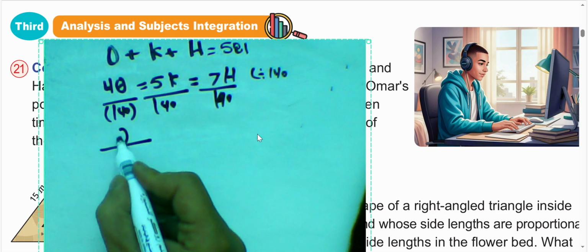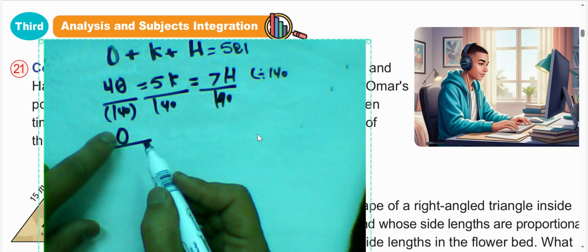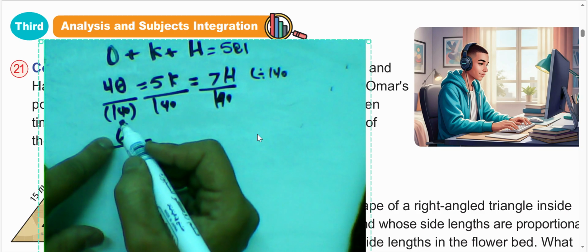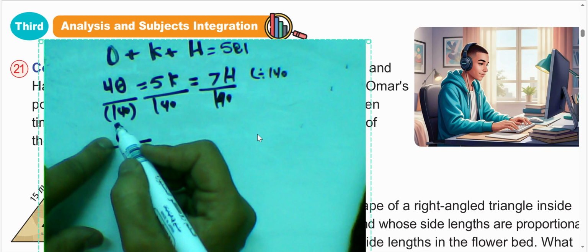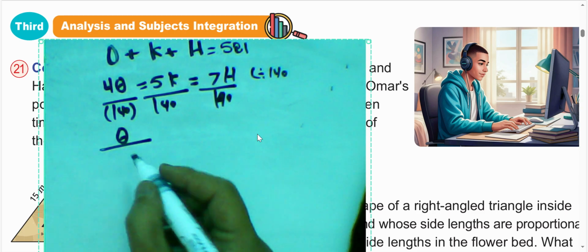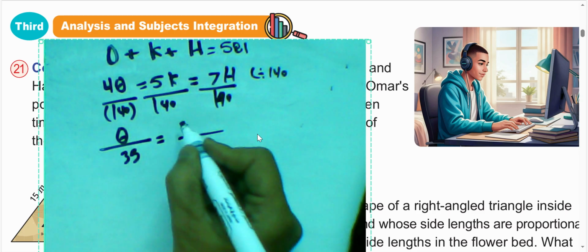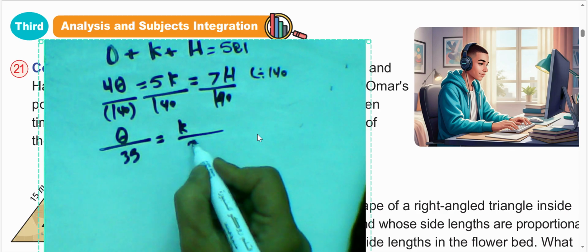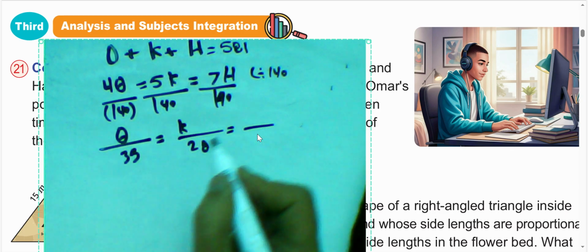Then we have the ratio, where O refers to the points of Omar. 140 divided by 4, the result will be 35. And 140 divided by 5 is 28.